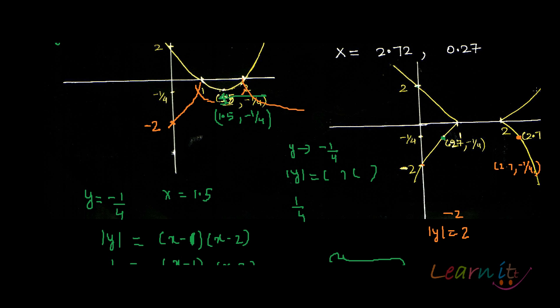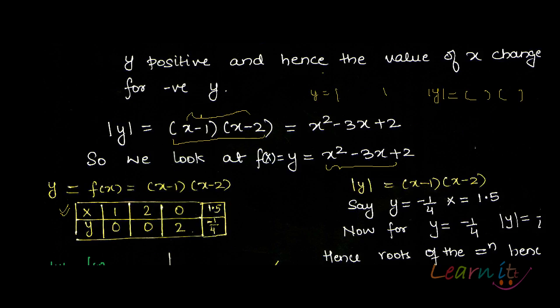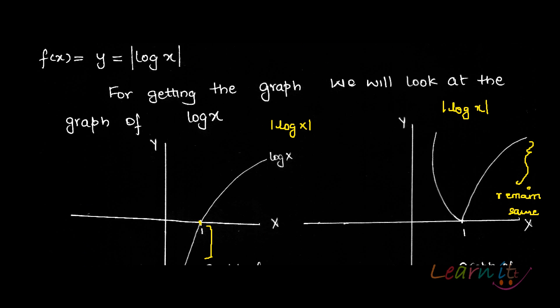So you understand this is pretty different from what we had earlier. In the graph of y equals mod f(x), the y values were turning positive. This time I'm not saying that.